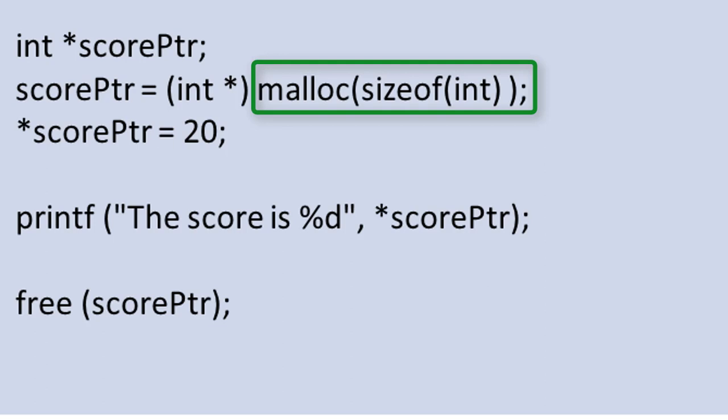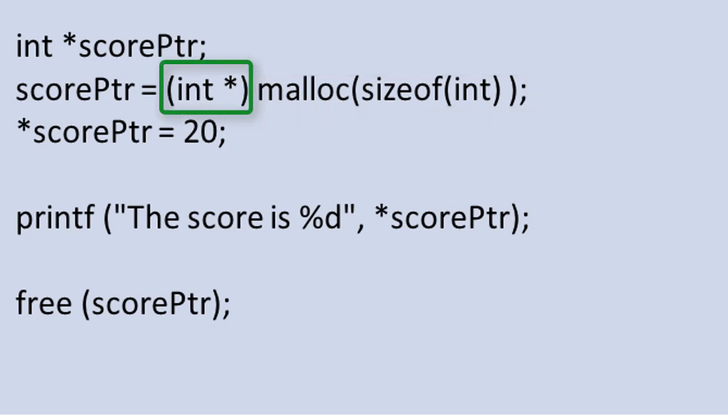Since the data type is not known, the return data type for malloc is void *, meaning a pointer to an unknown data type. The (int *) cast operator in front of malloc is used to cast or change the data type to an int pointer so that it can be stored in scorePtr, which is also a pointer to an integer.